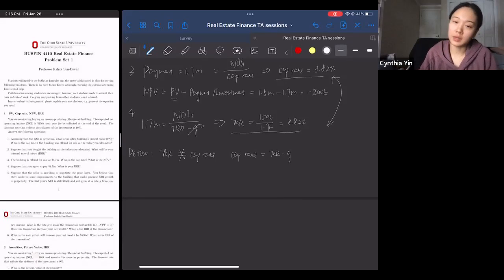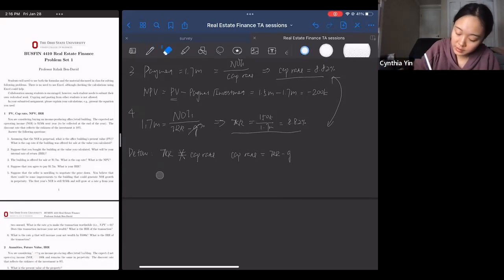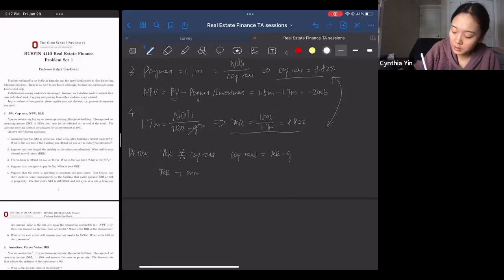But if you just equivalently switch them, it's not going to be right, because it's totally different concepts. And IRR itself can show up in any cash flow, like annuity or lumpy cash flow, etc. But cap rate, as I said earlier, is assuming perpetuity.